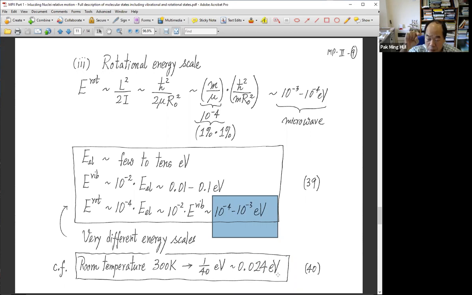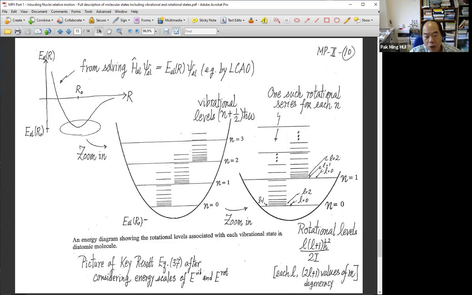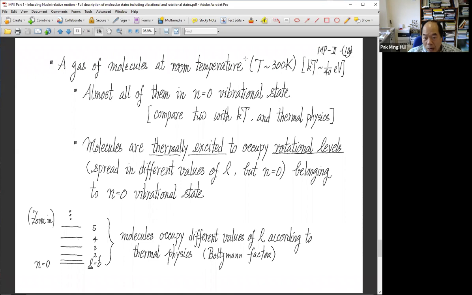This is h bar squared over 2I. The meaning of which is thermal energy can populate the lowest vibrational state, but different rotational levels.